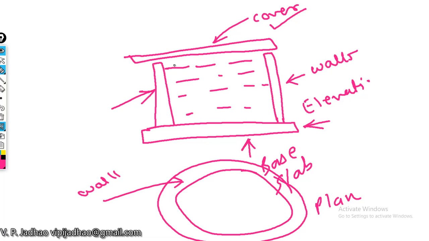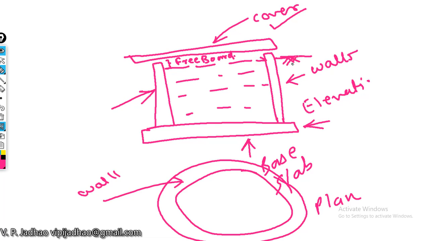What we will be doing, we will not fill the water tank completely. We will provide some freeboard. Freeboard means up to a certain depth we will be filling the water.